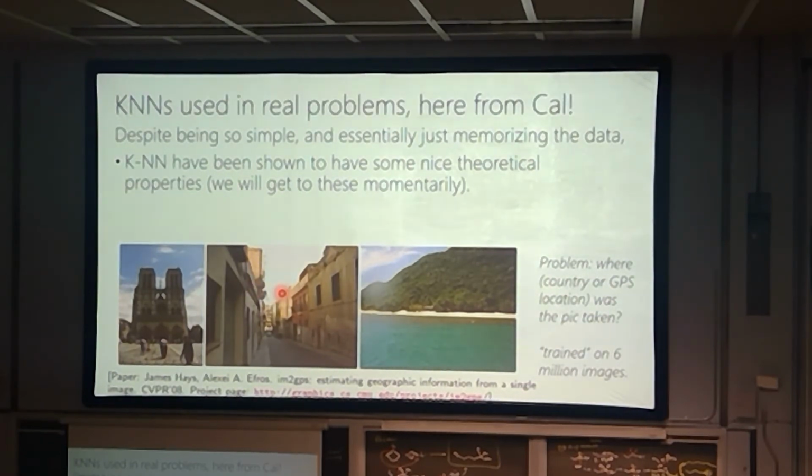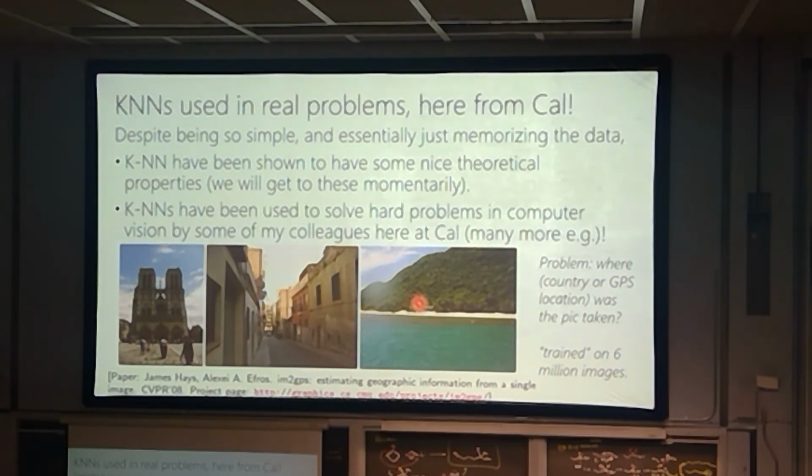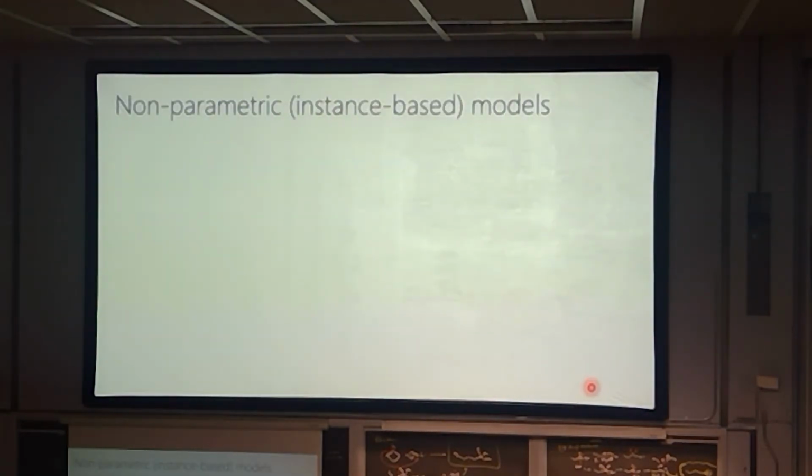This particular one is about finding the GPS coordinates or country location of where a picture was taken. And they trained it, trained in quotes, on 6 million training images. I don't know the exact version they used because we're going to talk about some ways to get around the expense of scanning all the data points, which is problematic. In fact, that's almost the main problem with them.